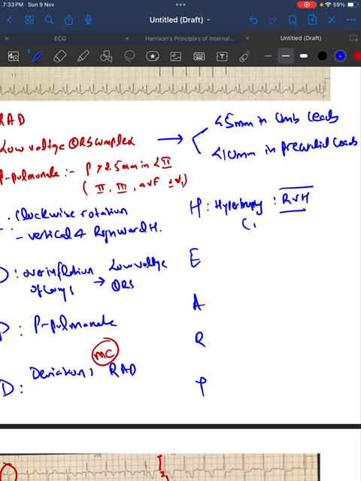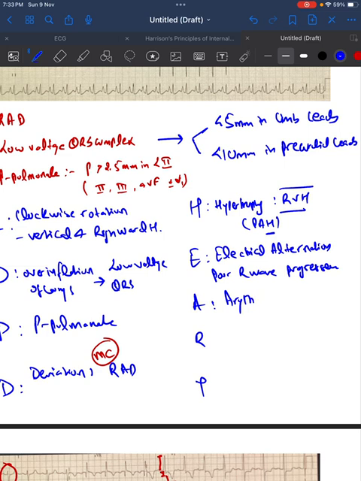Also, there is sometimes pulmonary arterial hypertension. We can also remember this with this H. Then E for electrical alternations, that is poor R wave progression. Then A for the most common arrhythmia that is seen in COPD patients, that is multifocal atrial tachycardia.